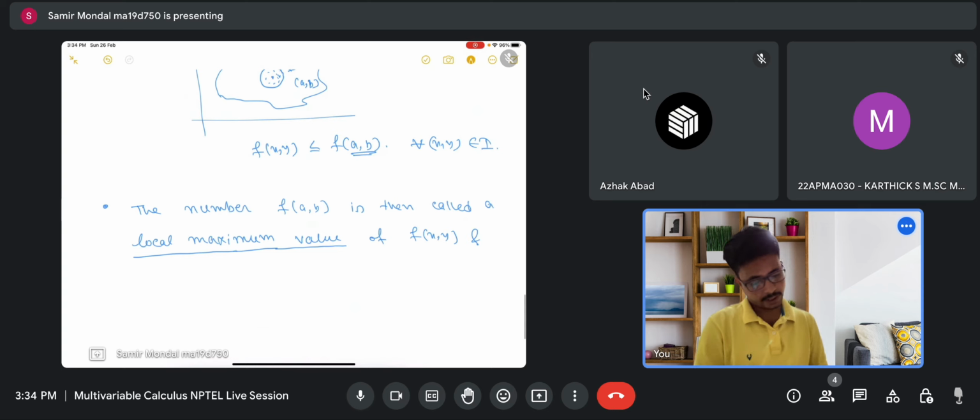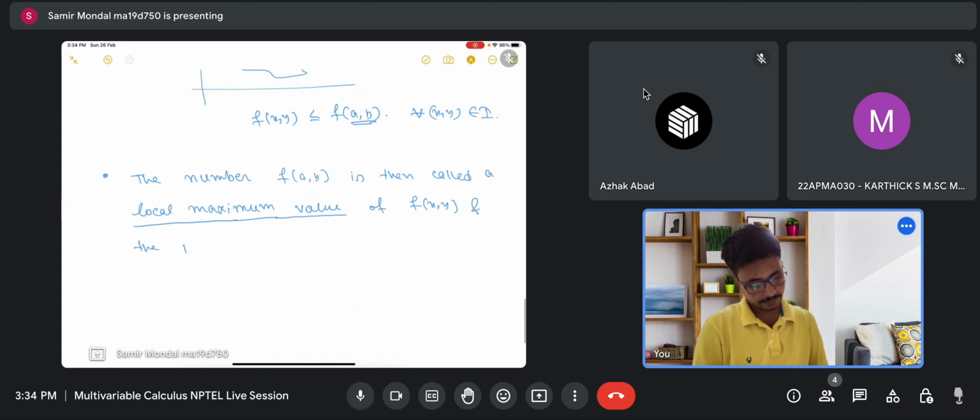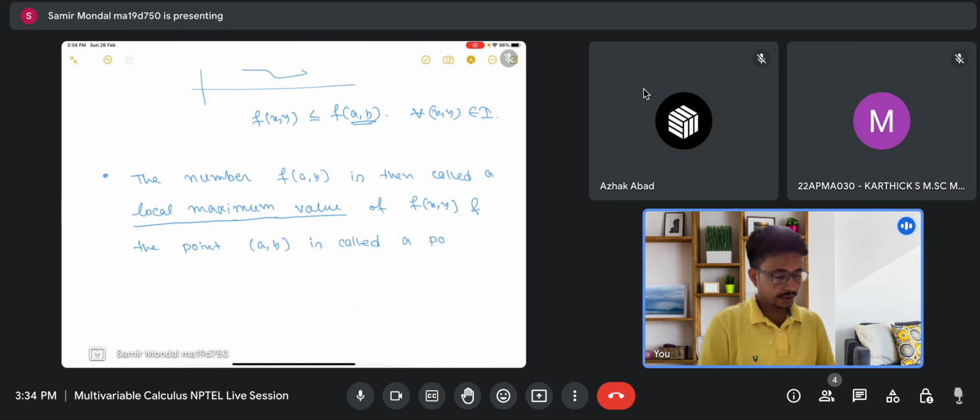And the point (a, b) is called a point of local maximum of f of x, y.